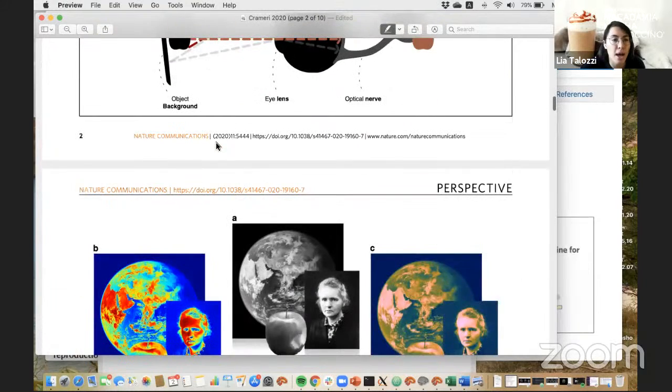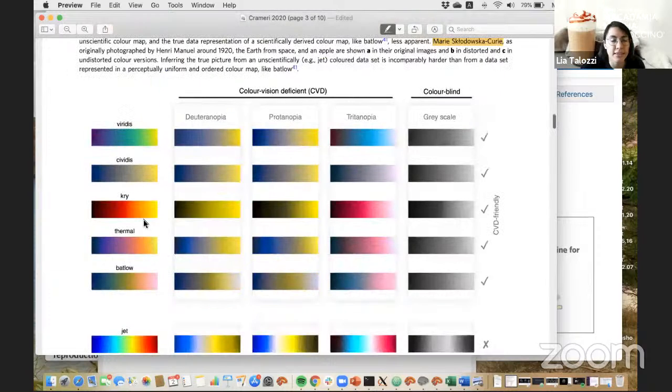And so a color map that is represented like this will look this way to these people. And there are also, more rarely, people who are colorblind, and so you need to translate the color map into grayscale.